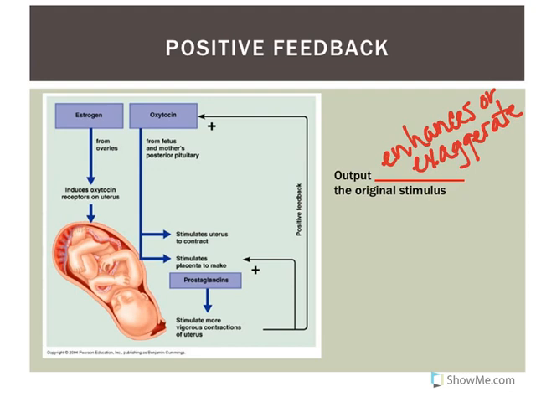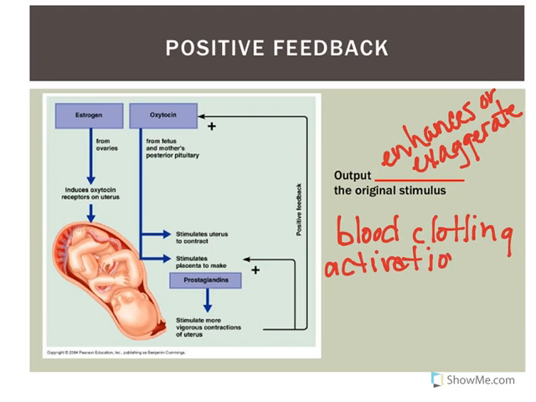Another great example of positive feedback regulation in our bodies is blood clotting. I'll write some down, and if you're interested, you can look them up. Blood clotting, coagulation, is an example of positive feedback, as is the activation of complement.